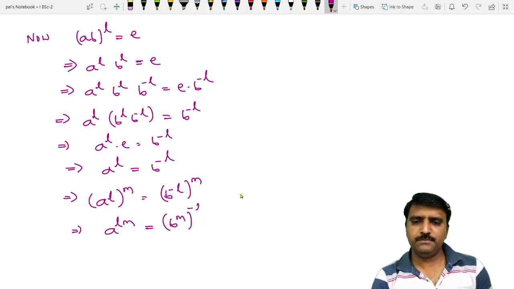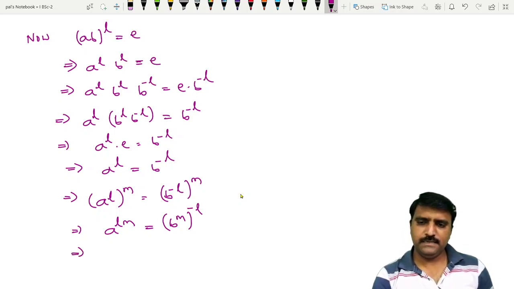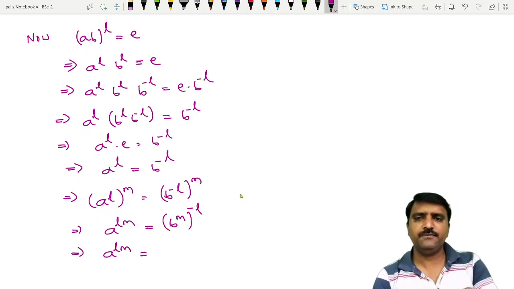Which implies that a to the power of Lm is equal to b to the power of m to the power of minus L.